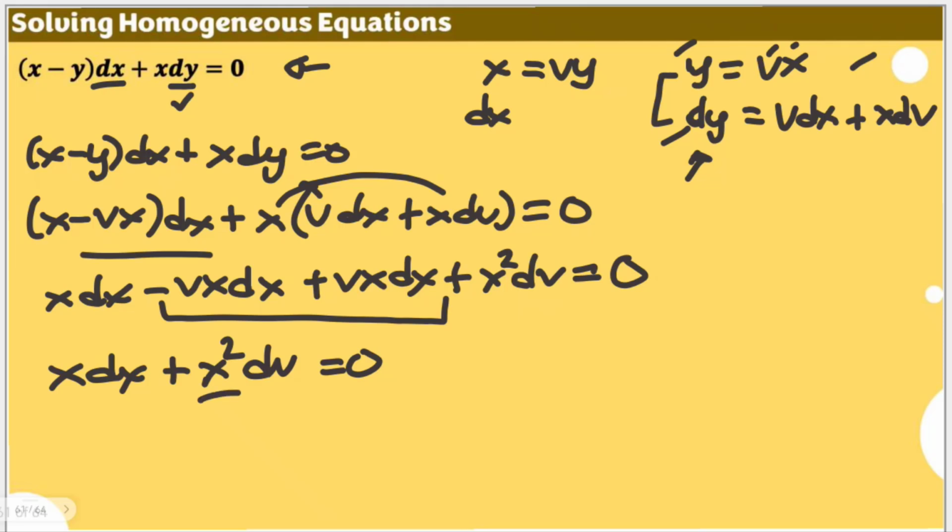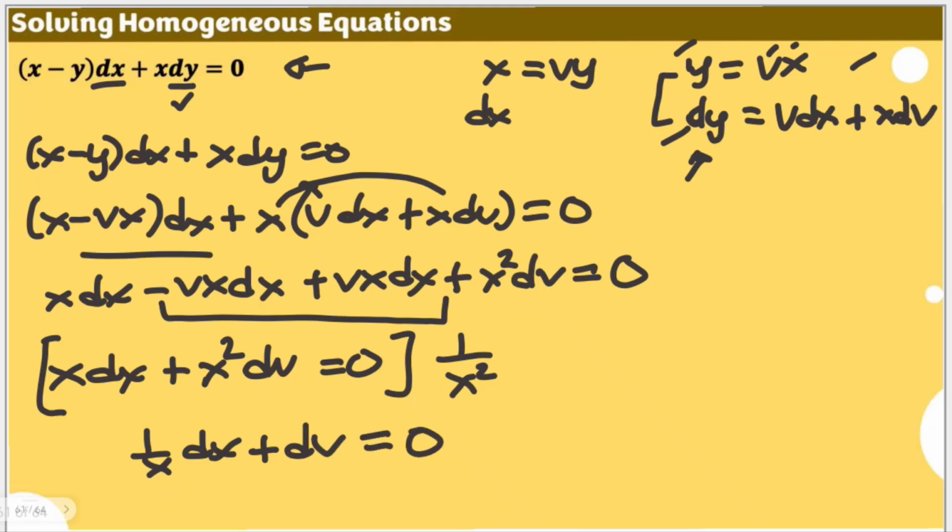Since x squared is here, we're going to remove that by multiplying both sides by 1 over x squared. Once you do that on all terms, x over x squared is just 1 over x, so we have 1 over x dx plus dv equal to 0.